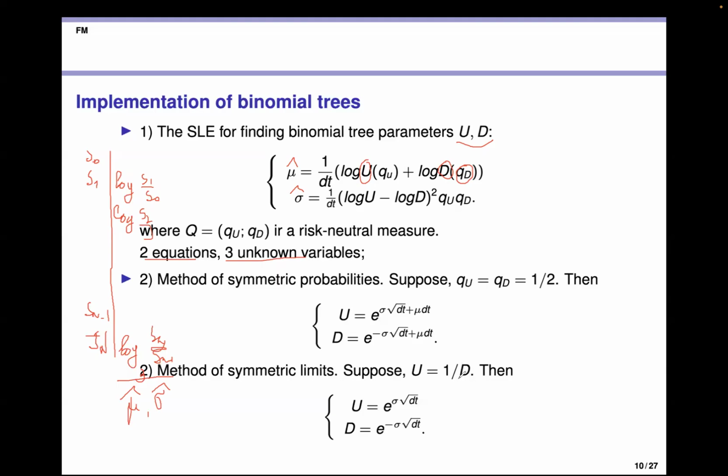Suppose that u equals 1 divided by d, and the probability we can find from the risk-neutral condition. We replace u with 1 divided by d, and Qd with 1 minus Qu, and we have only two unknown variables and two equations. From this we can find u, d, because d is 1 divided by u, and we can find Qu.